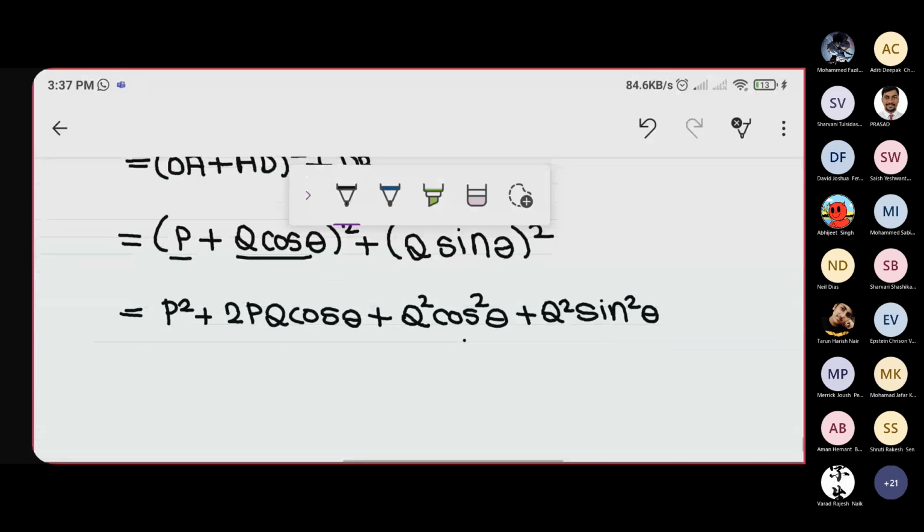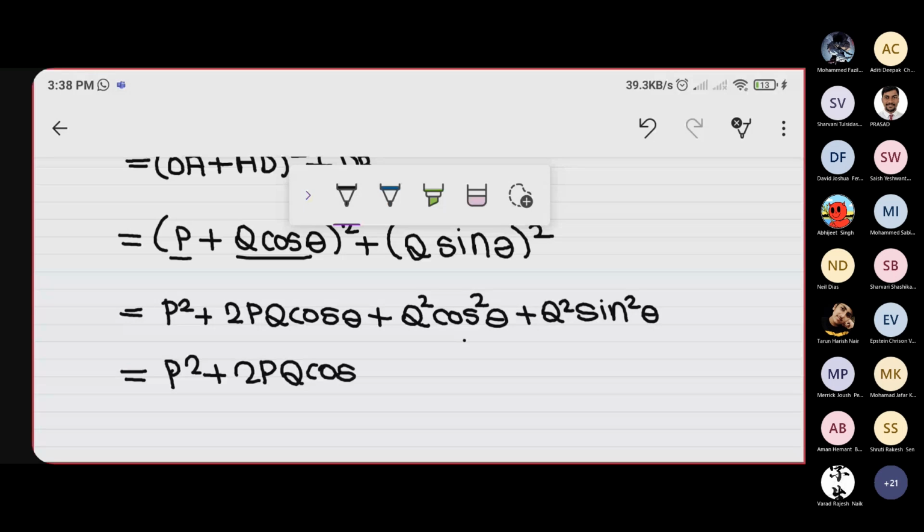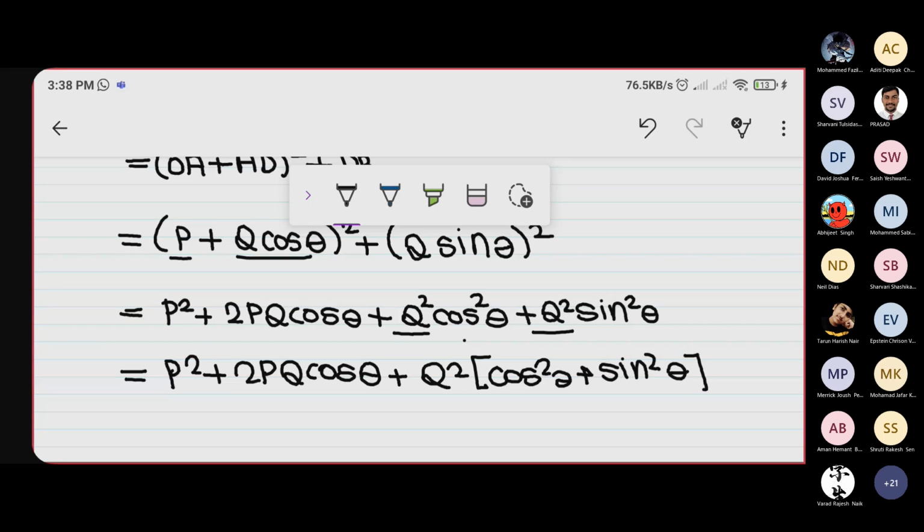Okay, now what we can do, P square plus 2PQ cos theta plus, now see, Q square and Q square, I will take common, so remaining is cos square theta plus sin square theta, right?